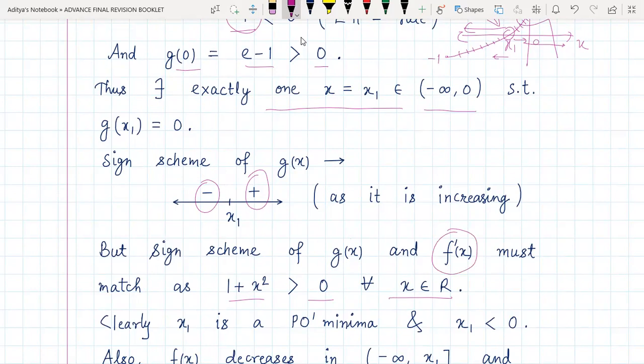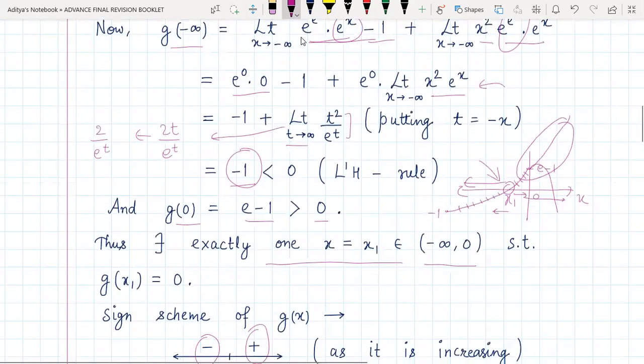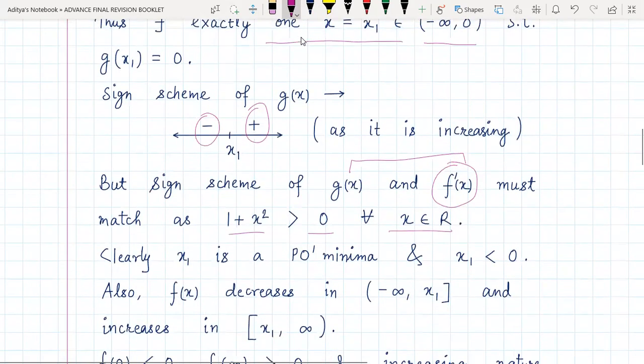So f prime x and g of x sign scheme must match. The reason is that f prime x is simply equal to g of x upon 1 plus x square. But 1 plus x square is a positive quantity, so its sign will only depend on the sign of g of x. So f prime x will also have the same sign scheme.